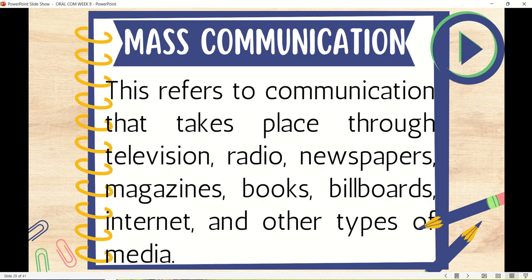Aside from that, during the social media age, they're now also using the social media platforms to deliver the news to the netizens or to the internet or social media users.